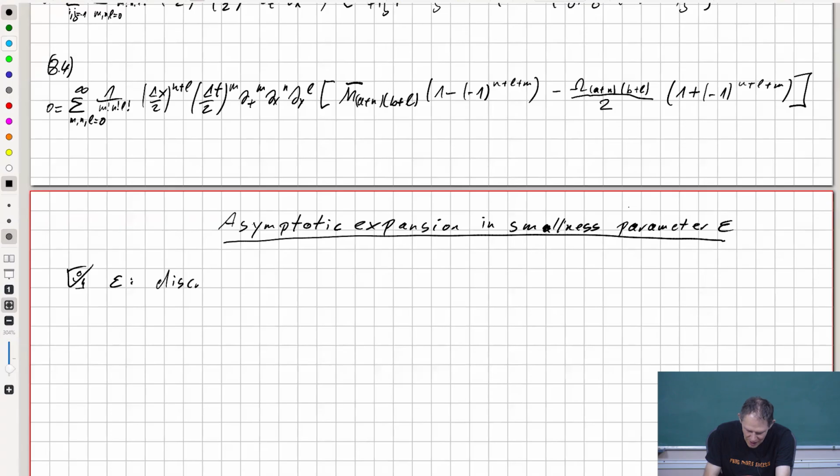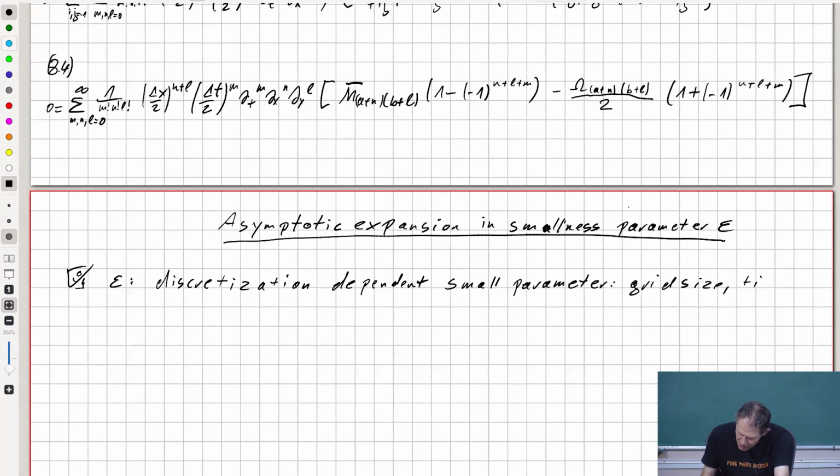And this is a discretization-dependent small parameter. What this typically is, but does not need to be, is the grid size. It can also be the time step. Now you already see the problem in Lattice-Boltzmann. We have both, grid size and time step. Yeah, we have to deal with this somehow. Or it could be something else.